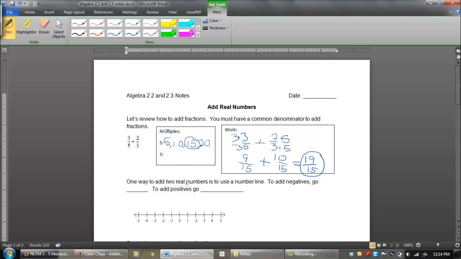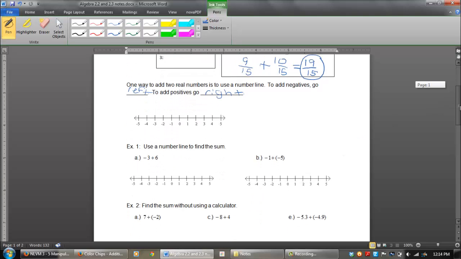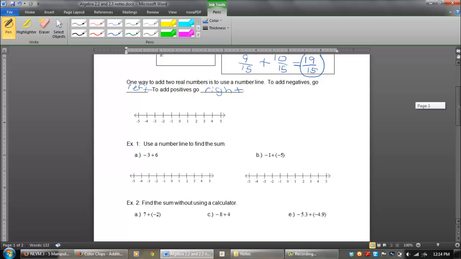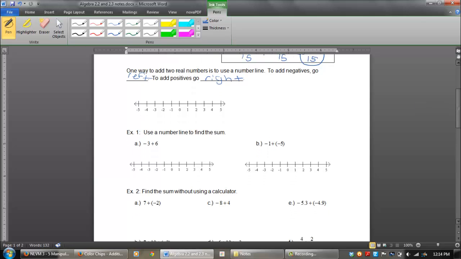One way to add two real numbers is to use a number line. To add negatives, you go left on the number line. To add positives, you go right on the number line. So we're going to look at this example using a number line. I'm going to show you how we can use that number line. So if we look at example 1, we have -3 plus 6. We can start at -3 on the number line.